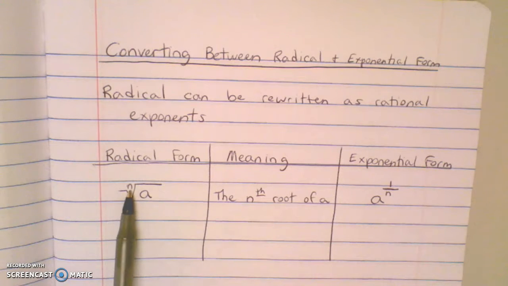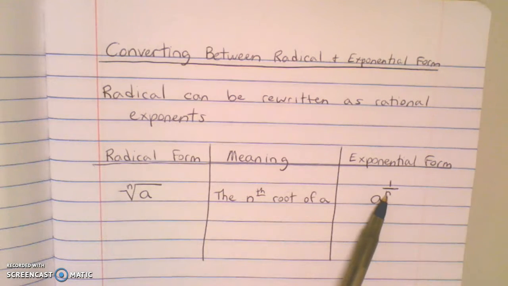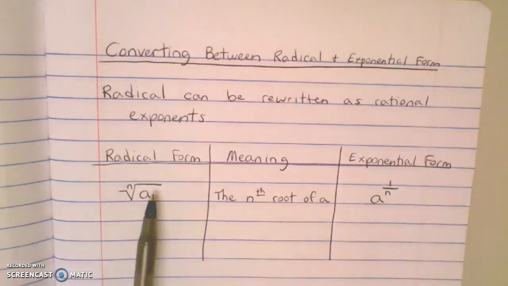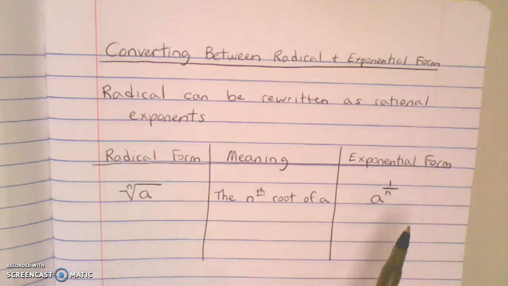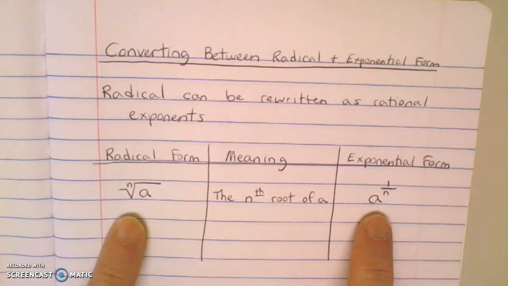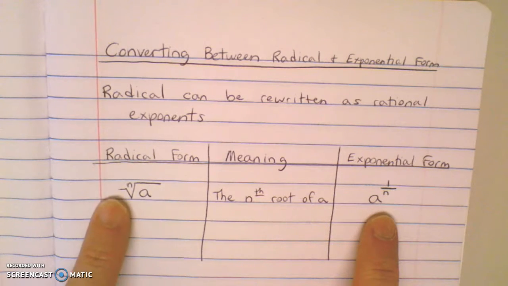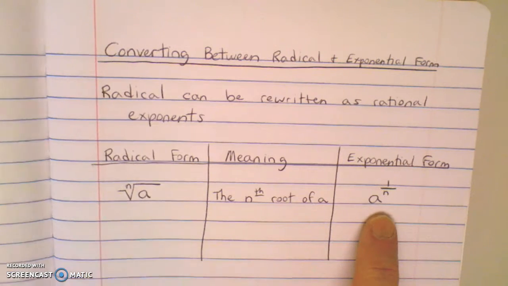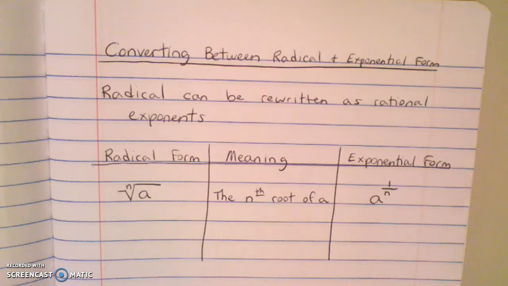Notice the root, whatever it is, goes in the denominator. And then whatever the exponent is of a, in this case, there's no exponent listed, so it's a 1. That is the numerator. So this is saying the exact same thing. This is saying what's the nth root of a. So if it was a 2, what's the square root of a? It's going to make more sense when we look at some numbers. Right now we're just looking at the rule behind it.